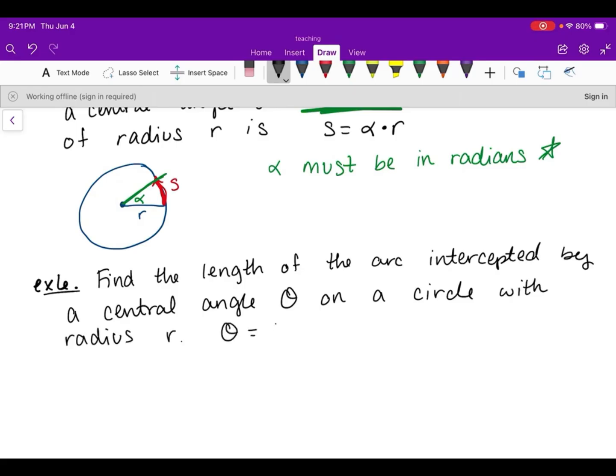And we're given that our theta is pi over 4 and our radius is 12 centimeters.